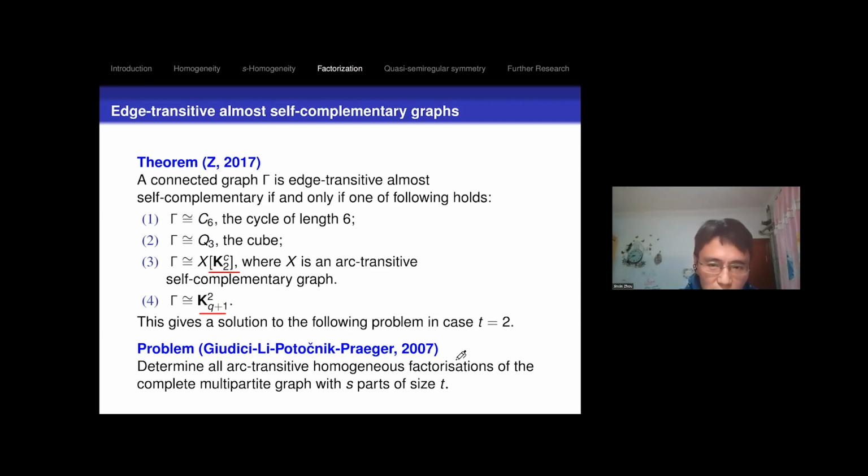And also in 2007, Li, Praeger, and Xiao posed the following problem: determine all arc-transitive homogeneous factorizations of the complete multipartite graph with s parts of size t. So this theorem gives a solution to this problem in the case t is 2.